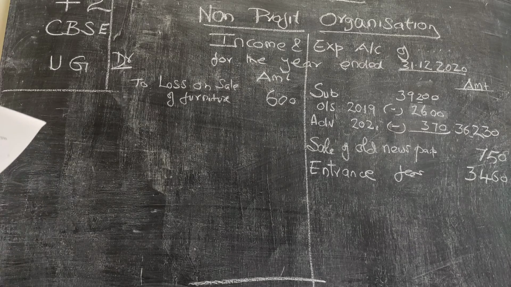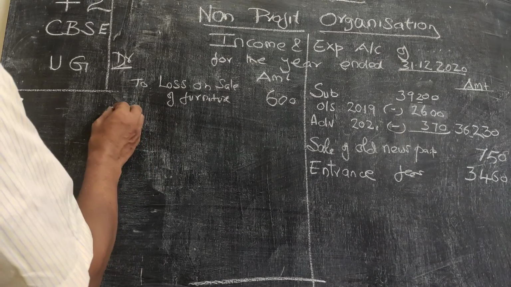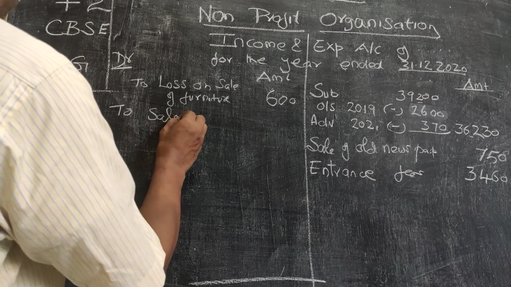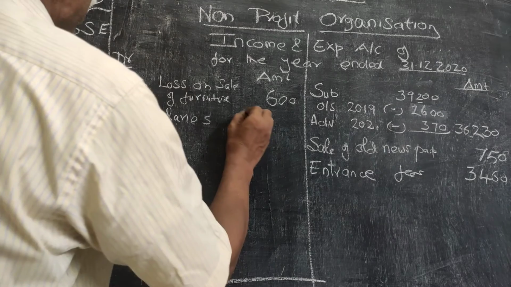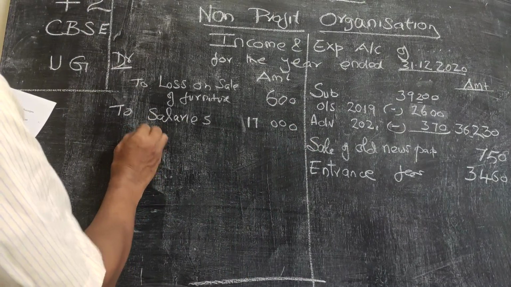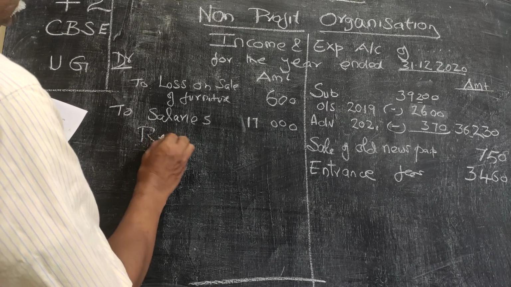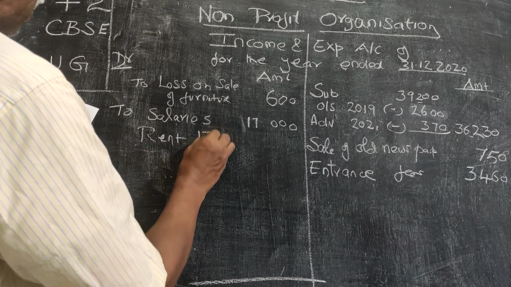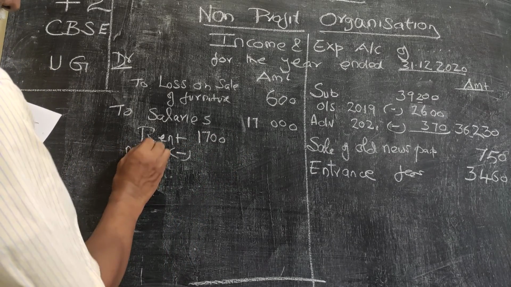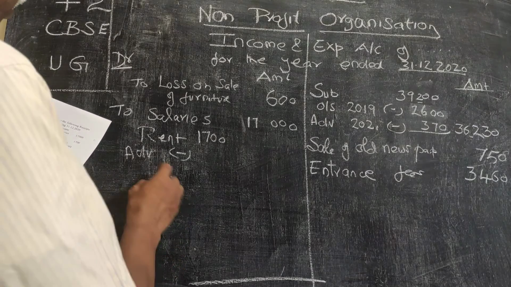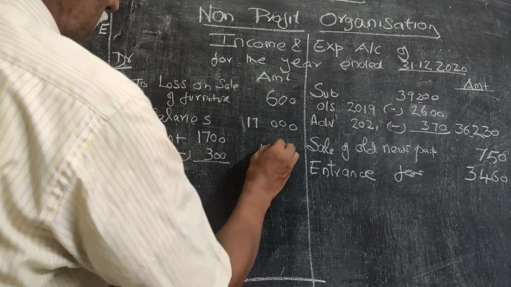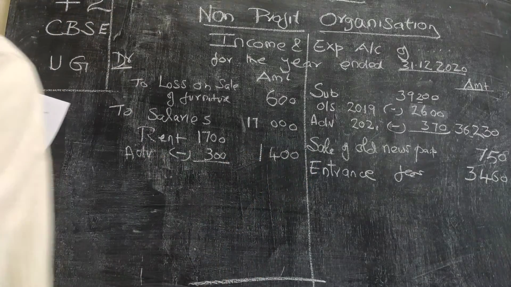Now we will go to the payment side, salaries. To salaries 17,000. Rent paid. Actual rent paid is 1,700. Advance we have paid, rent paid in advance for 2021, 300 rupees given. So for this year we have paid only 1,400 towards rent.